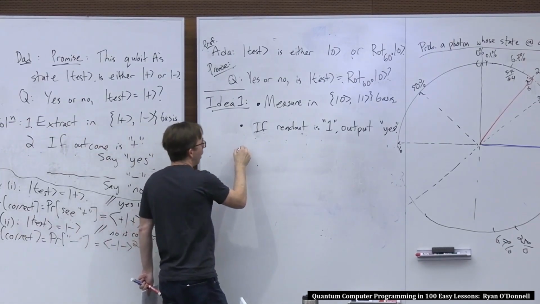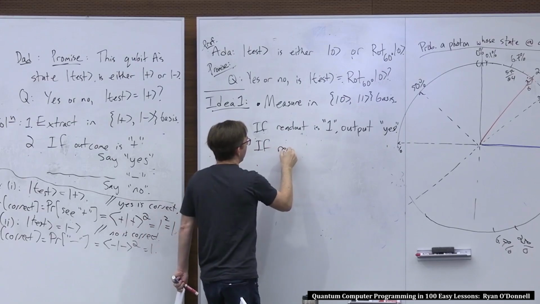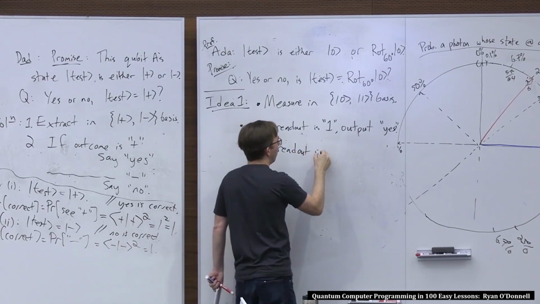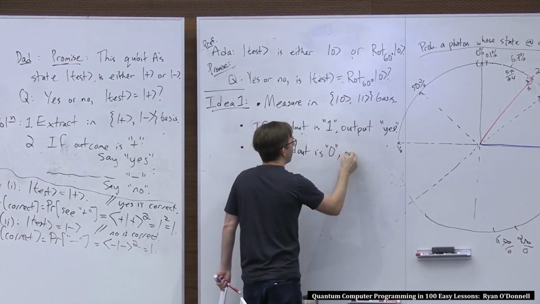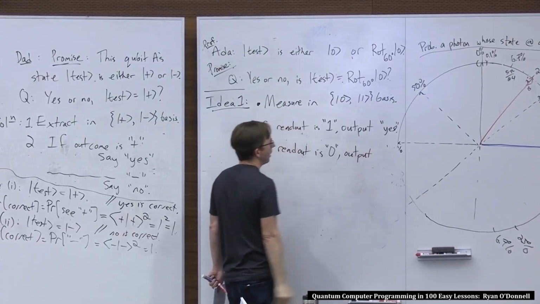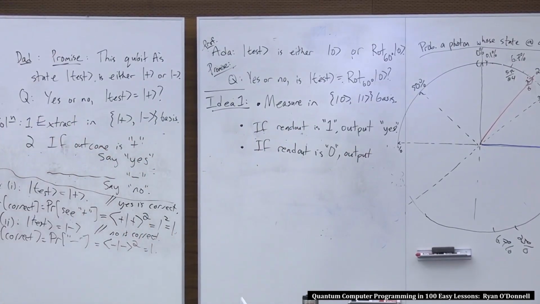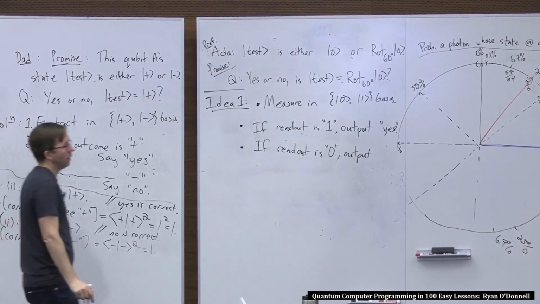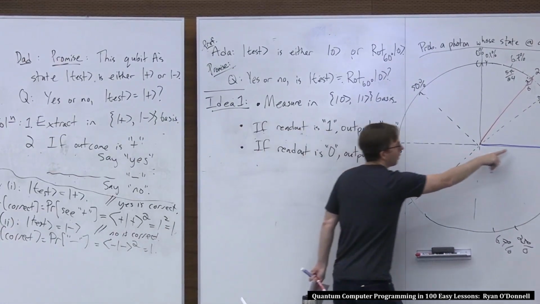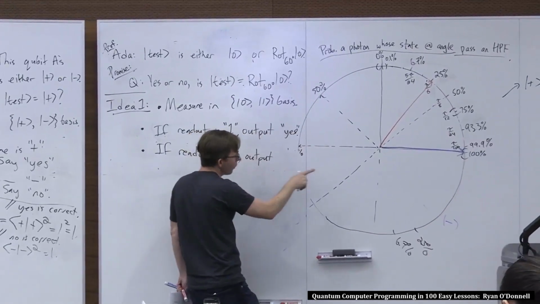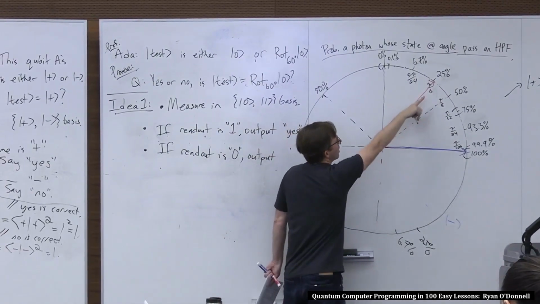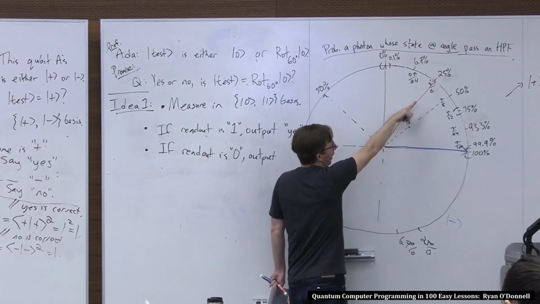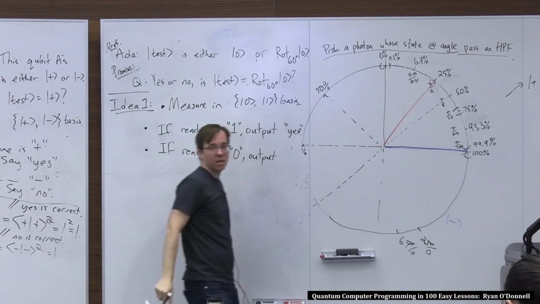On the other hand, if the readout is 0, here we're a little less happy with ourselves, as you'll see. Because honestly, the test could have been ket 0, in which case we would definitely get the output 0. But it also could have been that test was this 60-degree vector, in which case there's still a 25% chance we would see 0.